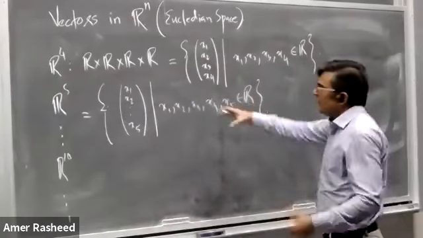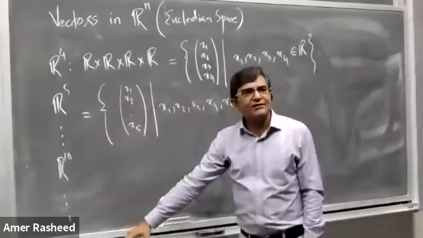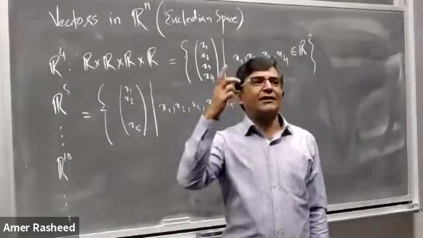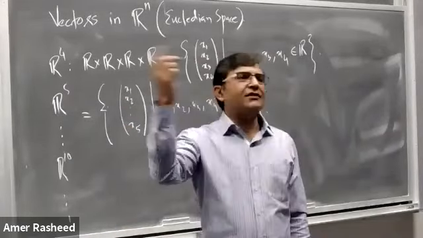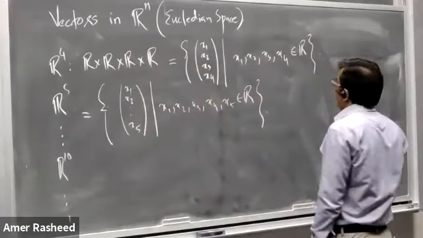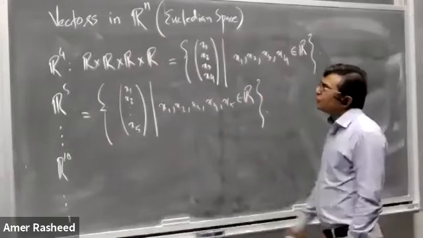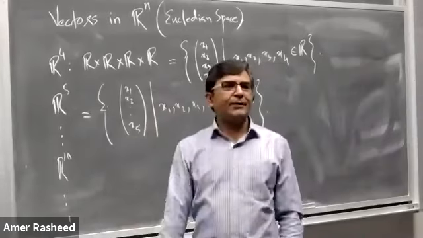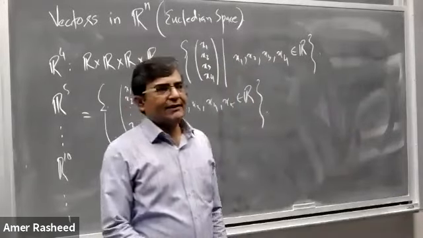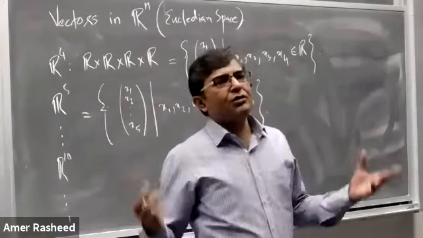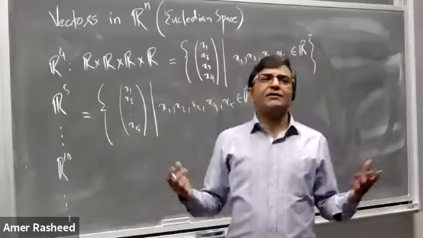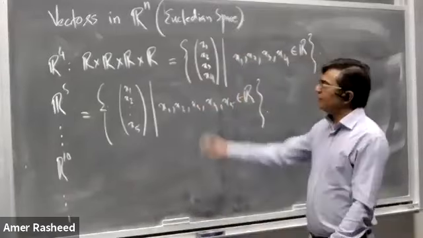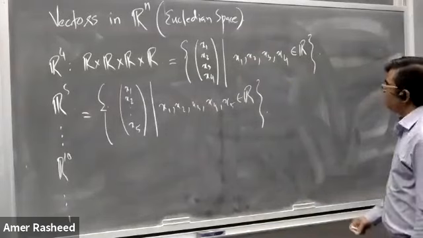You cannot plot all of these Euclidean spaces, but you can imagine them. You don't need to plot them. We are going to use all these spaces while discussing the solutions of linear systems, vector spaces and many other things in the subsequent lectures.